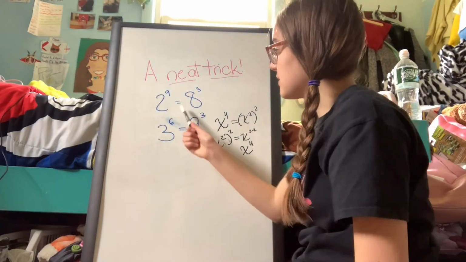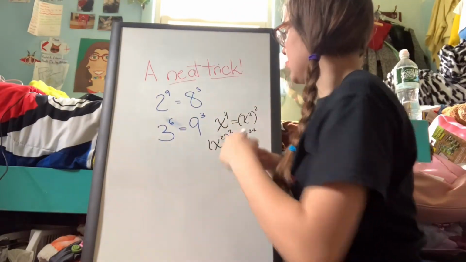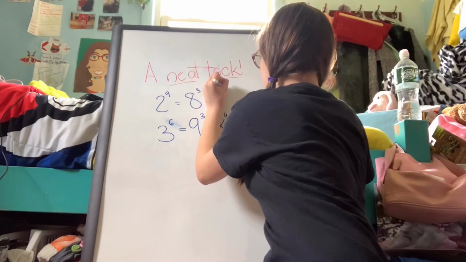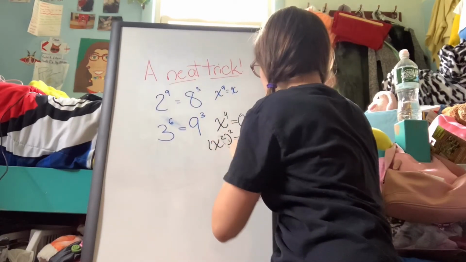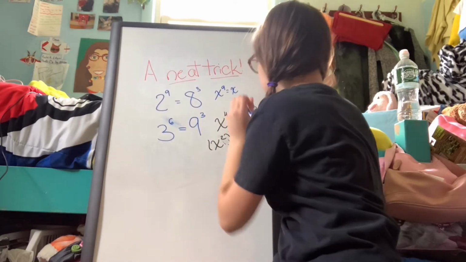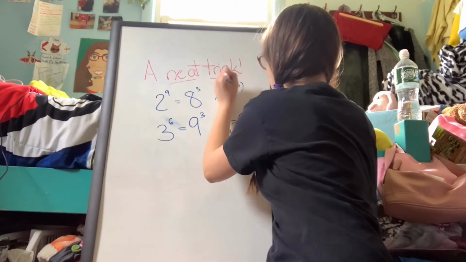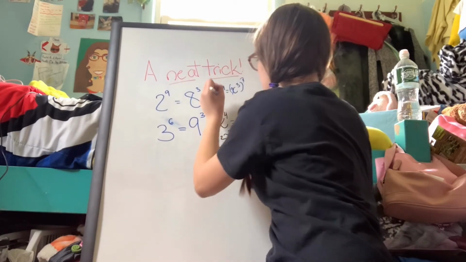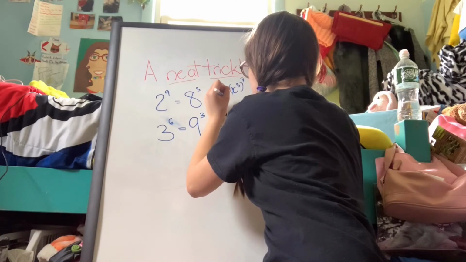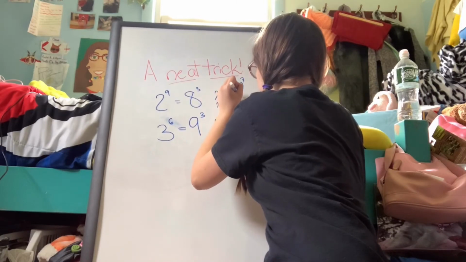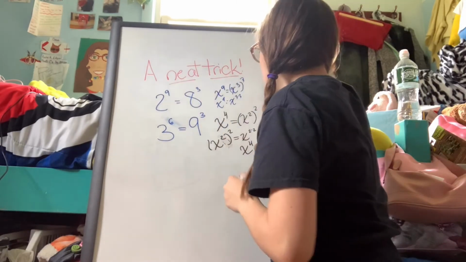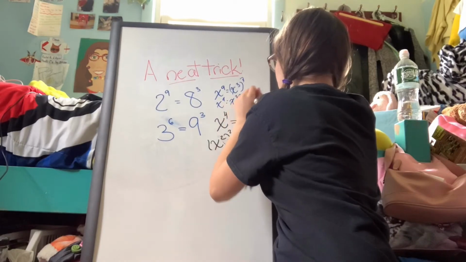So any numbers related to each other, like this one is x to the 9th equals, oh sorry, not 2 plus 2, 2 times 2, equals x cubed to the 3rd, because x to the 9th equals x cubed times cubed, which equals x to the 9th.